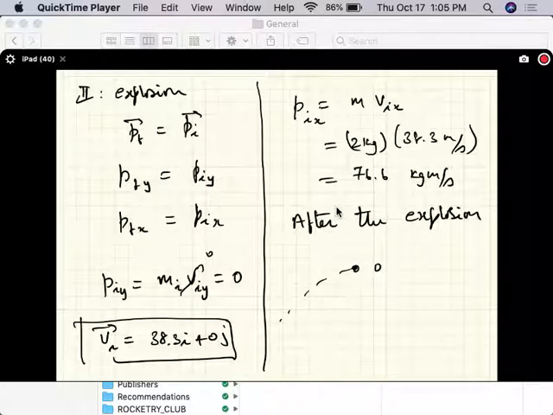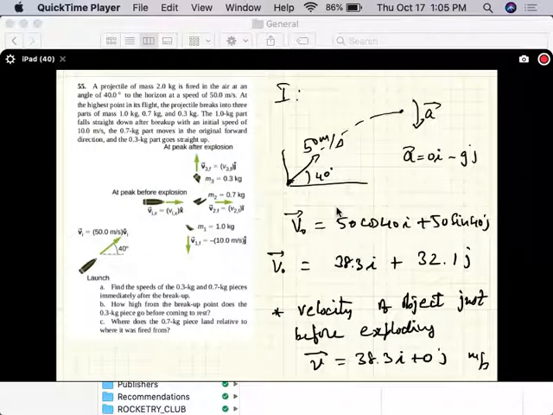After the explosion, you have 3 pieces. Here's a 0.7 kg piece going in that direction. We'll call it V.7. So it breaks up into 3 pieces: 1 kg, 0.7 kg, and 0.3 kg.